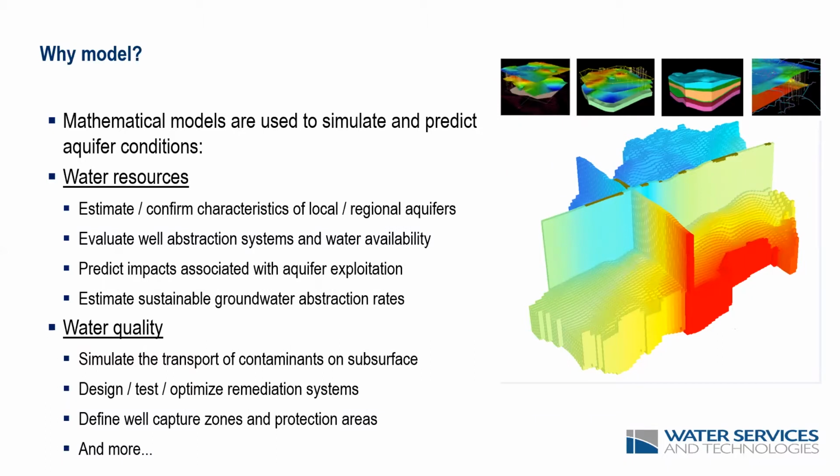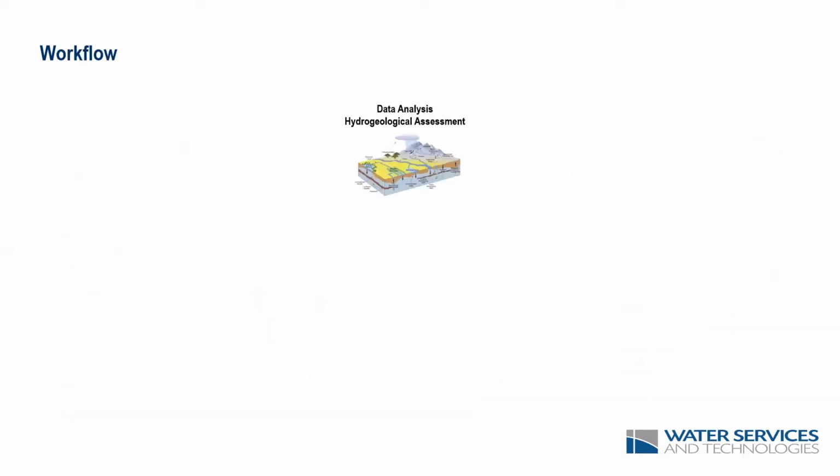So there are a number of things that we can do, both in terms of assessing water quantity and water quality. The usual workflow, of course, always starts with some data gathering.